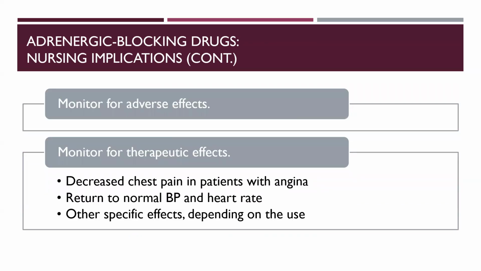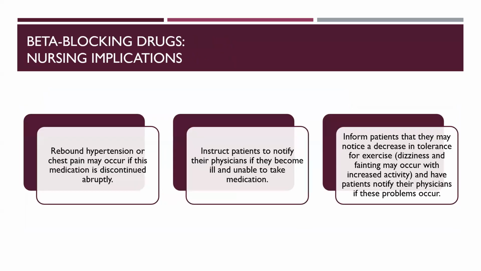And like with everything, we want to make sure that we're having that therapeutic response. So are they having less chest pain? Is their blood pressure returning to normal? With it, you want to watch for rebound hypertension or chest pain. And that's what will happen if it's discontinued abruptly.